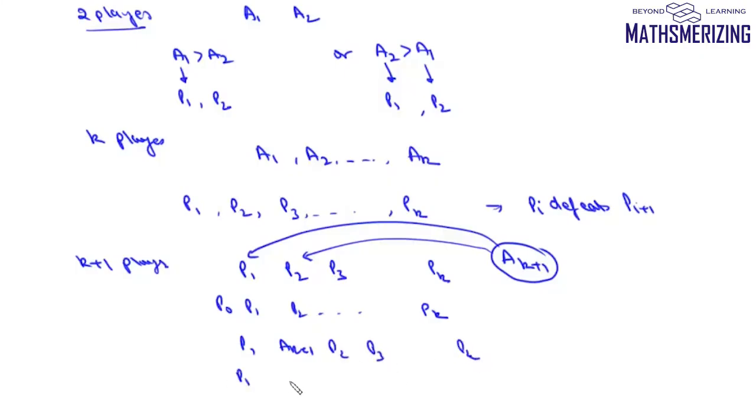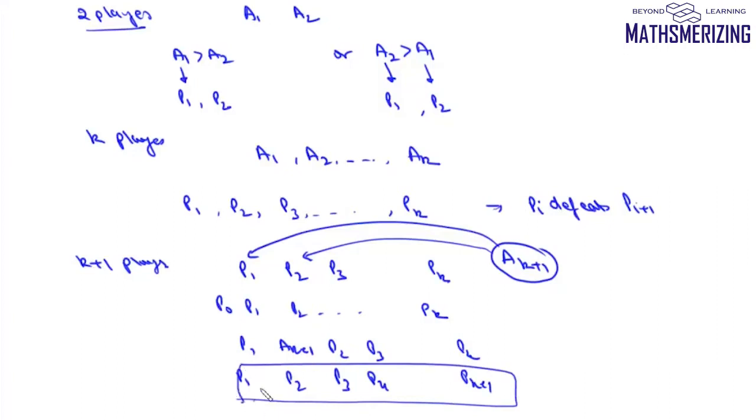Now we can again renumber them P1, P2, P3, P4, ..., Pk+1. So again we have the same configuration where any Pi defeats Pi+1. We'll keep repeating this process until we get a player who defeats AK+1, and then we can always reconfigure the numbers. So this is true for K+1.